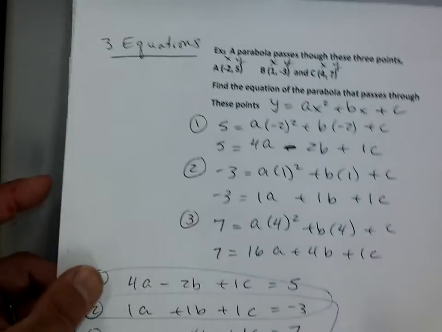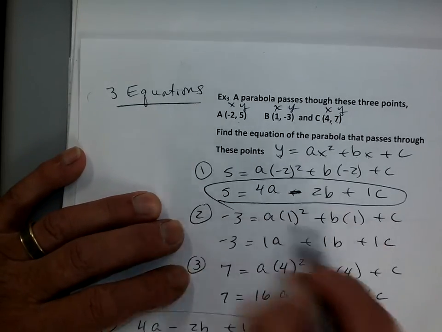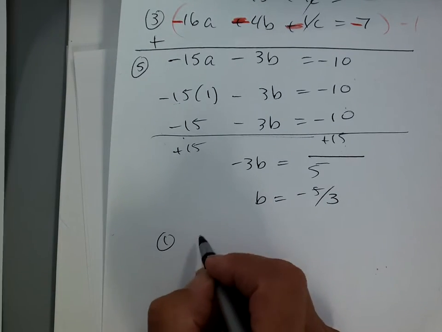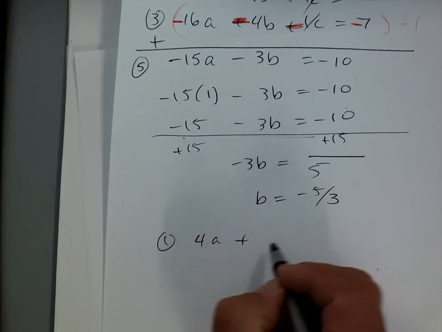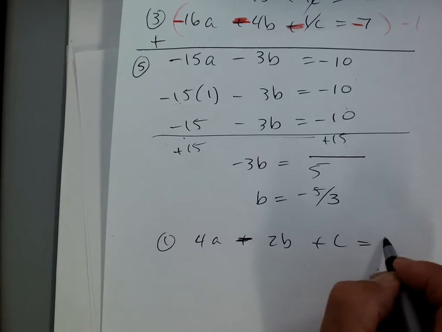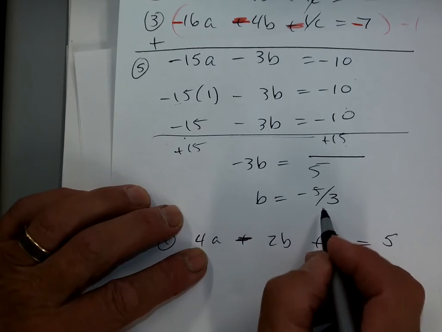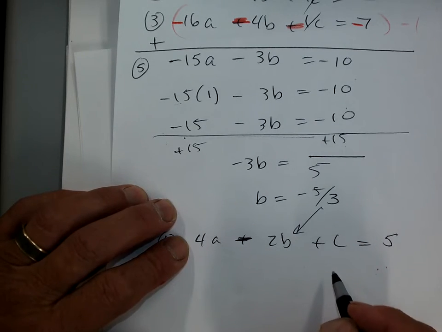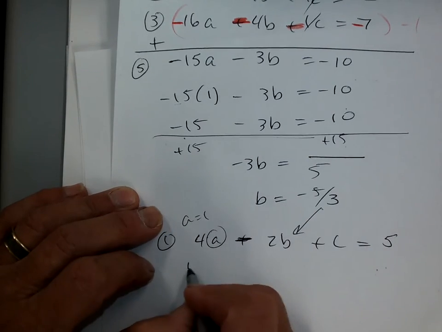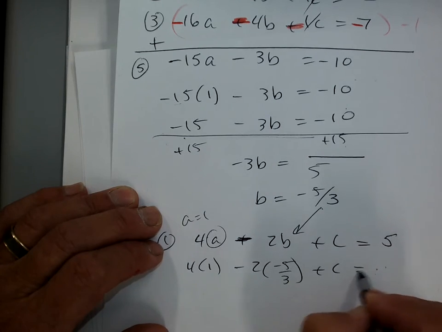And then to get c, take it all the way back to one of the originals. Probably the easiest one would be equation 1. Equation 1 was 4a minus 2b plus c equals 5, and we'll plug in negative 5/3 here. I'll plug in 1 right here, and I'll go 4 times 1 minus 2 times negative 5/3 plus c equals 5.